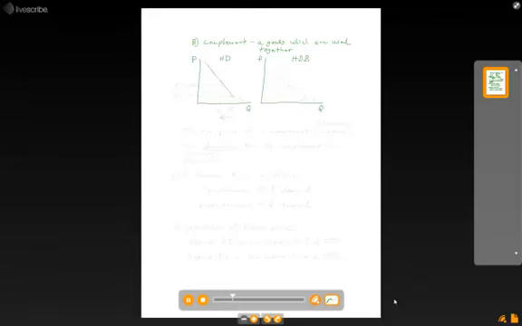So I have a downward sloping demand curve for hot dogs, and I have a downward sloping demand curve for hot dog buns. So starting with hot dogs, let's say right now the going market price of hot dogs is $1 per package. And if you really like hot dogs, let's say the quantity demanded of hot dogs is going to be Q naught.